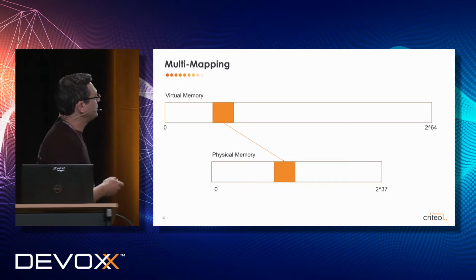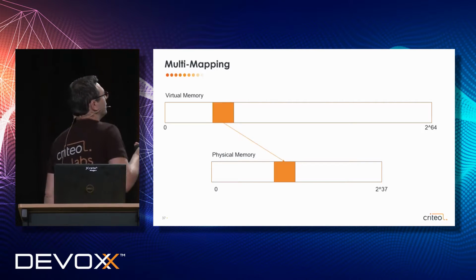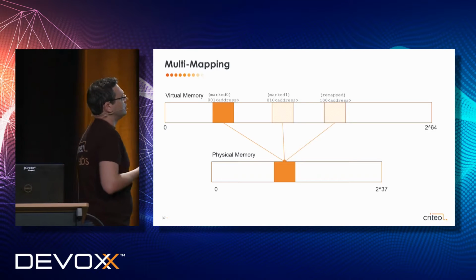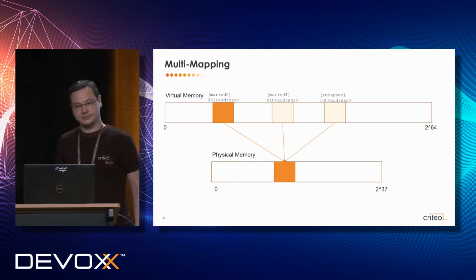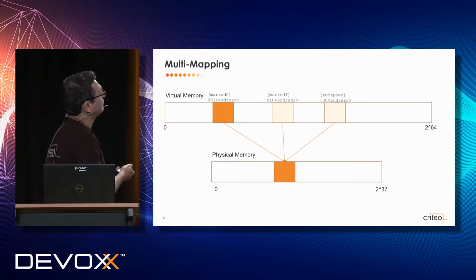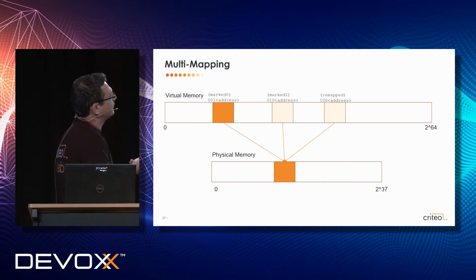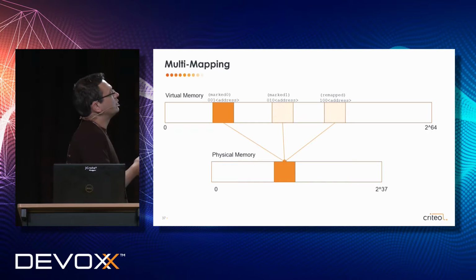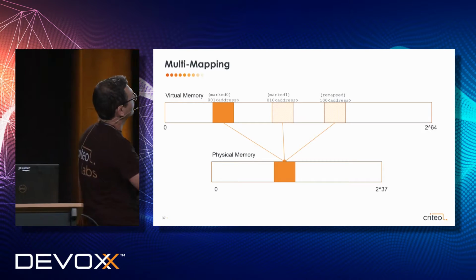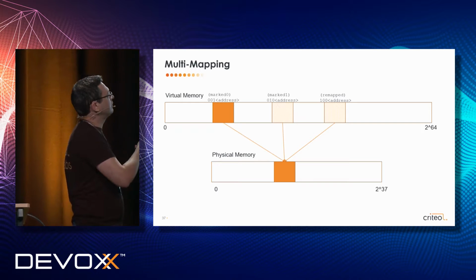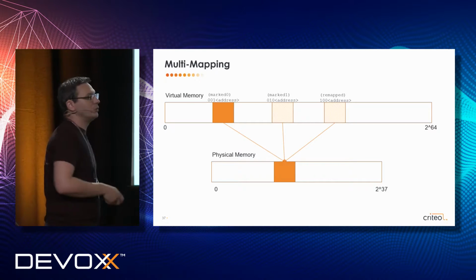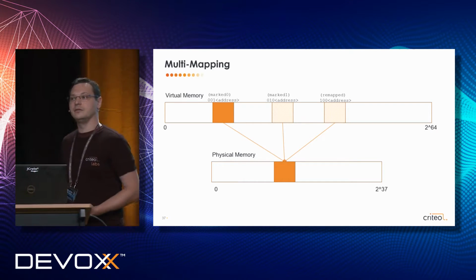We can have one physical page backed by multiple virtual pages, and each virtual page has metadata active at one time. Okay, so depending on the phase of the GC, we can use this one or this one or this one, but still we are referencing the same physical pages.